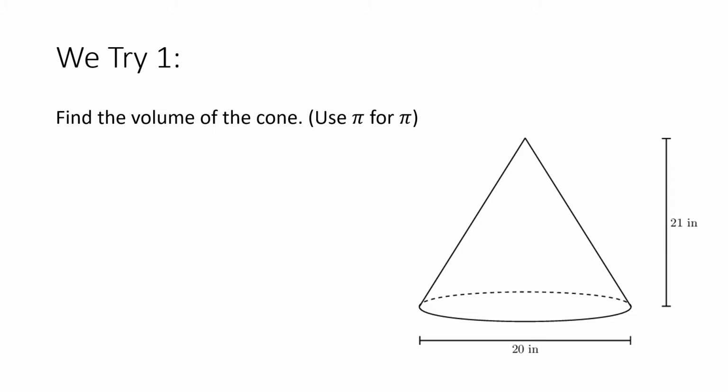We're going to use pi for pi. So the volume is equal to 1/3 times the base times the height. Normally I would find the base is a circle, so pi r squared for the base.